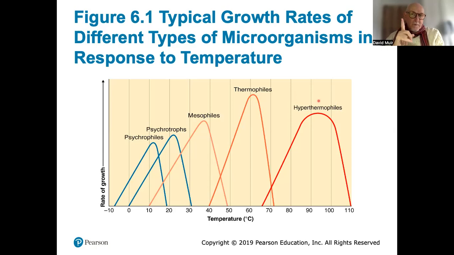Then there's a group which are extremely interesting. And these are called the hyperthermophiles. The hyperthermophiles, look at their optimum. It's anywhere from 85 all the way across, around about 95 up to 100, and 100 degrees Celsius is boiling. That is the boiling point of water.